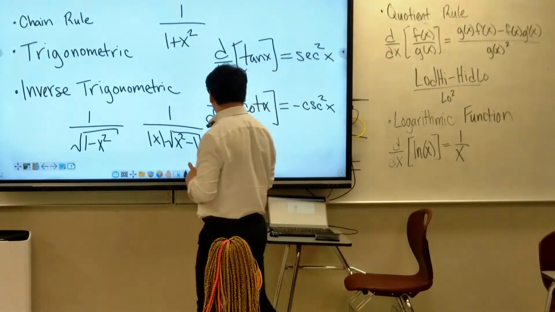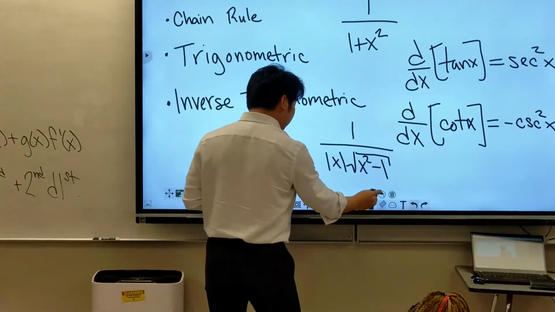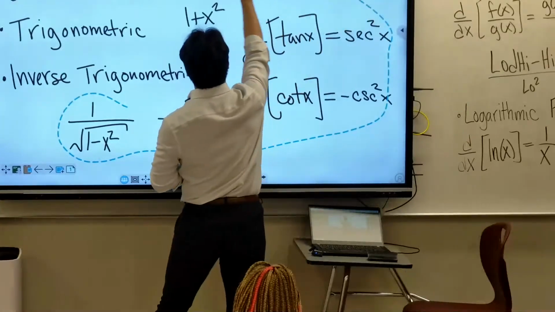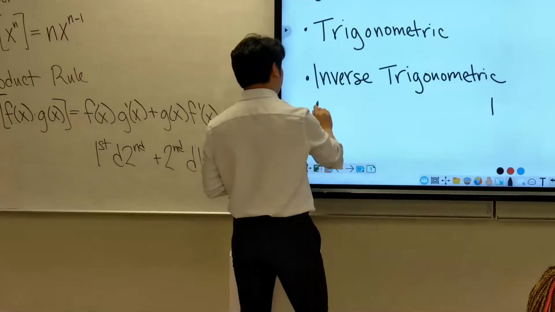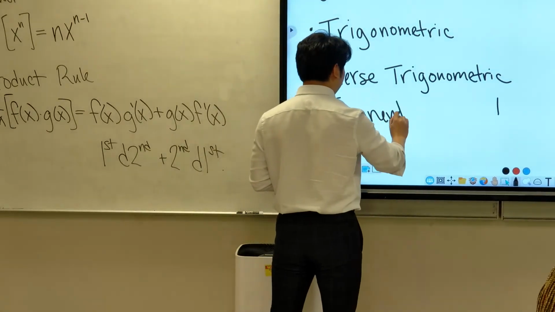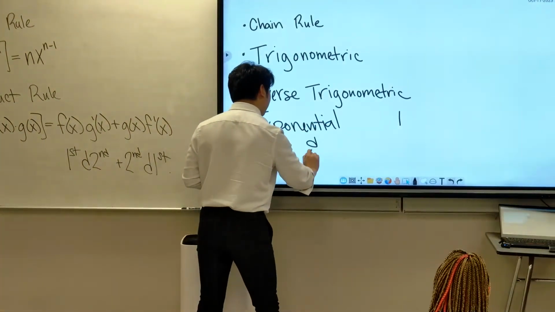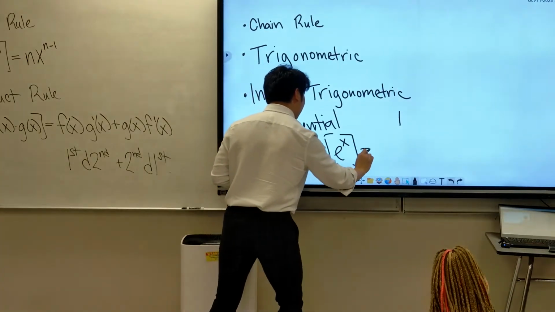All right, great. So we've done the inverse trigonometric functions. Have we done any other derivatives? Yeah, we did exponential, which told me that the derivative of e to the x is what?